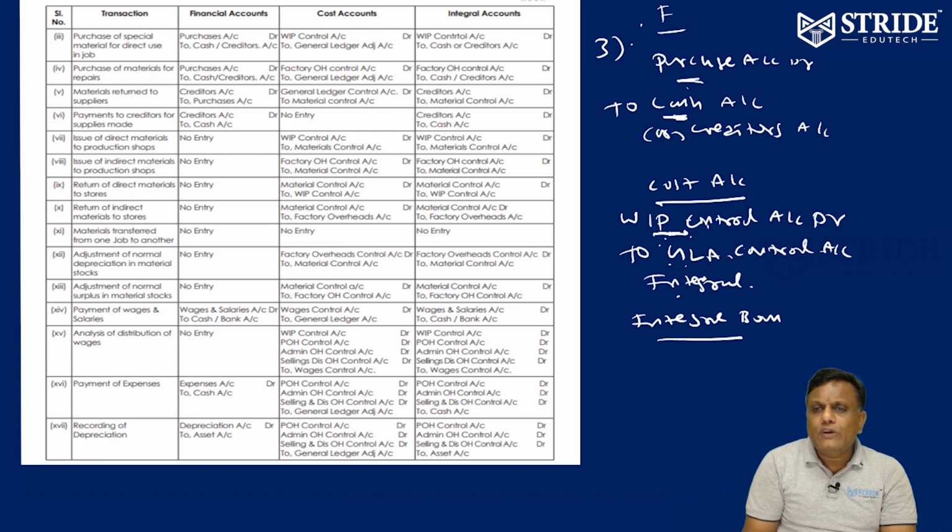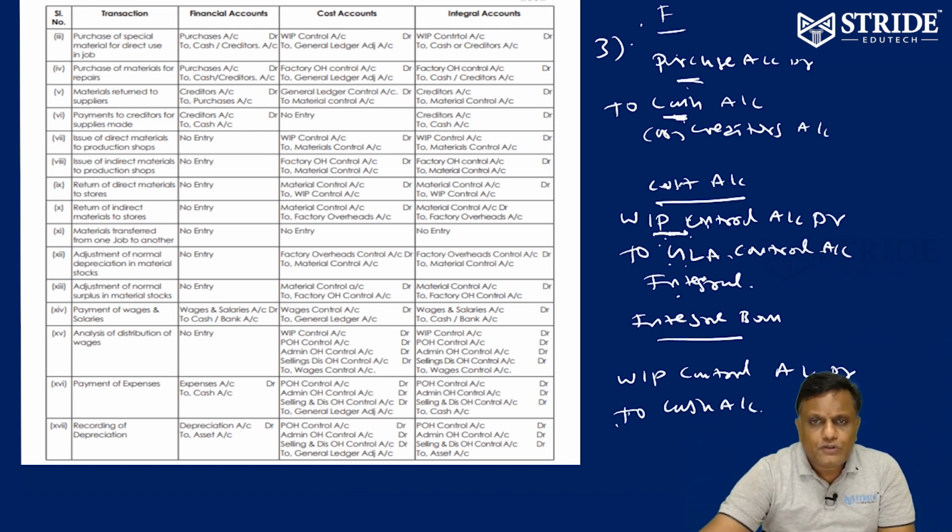So WIP to cash. We are not supposed to use purchase and GLA. We have to use only WIP to cash. Debit from cost, credit from financial. So WIP control account debtor to cash. WIP to cash. Integral accounts, right? Number 3, this is number 3 entry.